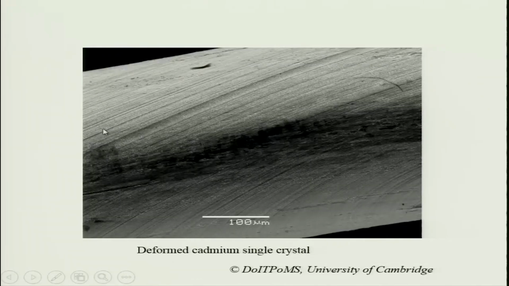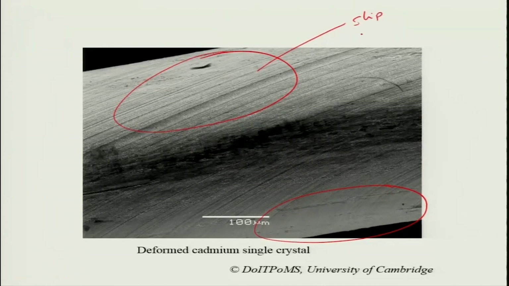This is a deformed cadmium single crystal. When you start deforming it, you can see you form these steps on the surface. These are the slip steps which have formed because of slip of atoms against each other in successive planes in the slip plane. Of course, the slip has to occur in the slip plane.